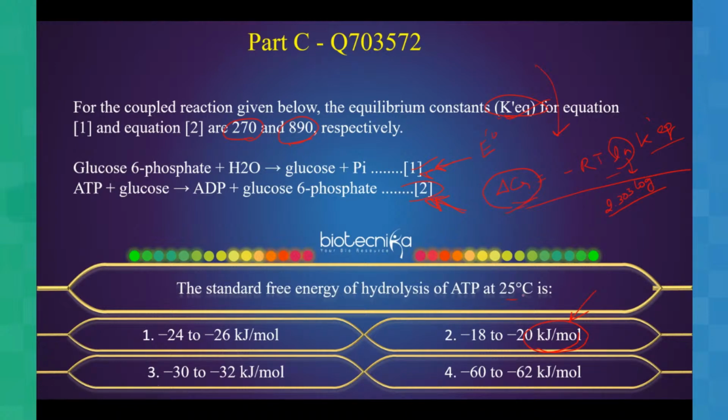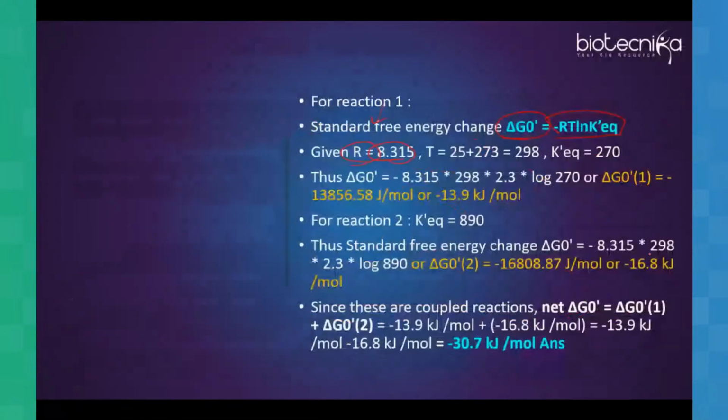And temperature, they have given 25 degrees centigrade, but for thermodynamic calculations we always have to add 273 to make it Kelvin. So here we have temperature 25 plus 273, which is 298. R is 8.315, and for the first reaction the Keq value is 270.